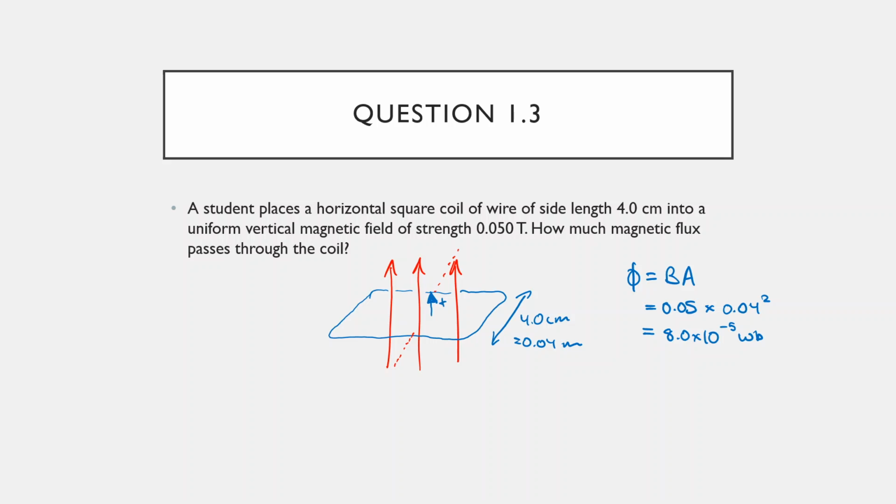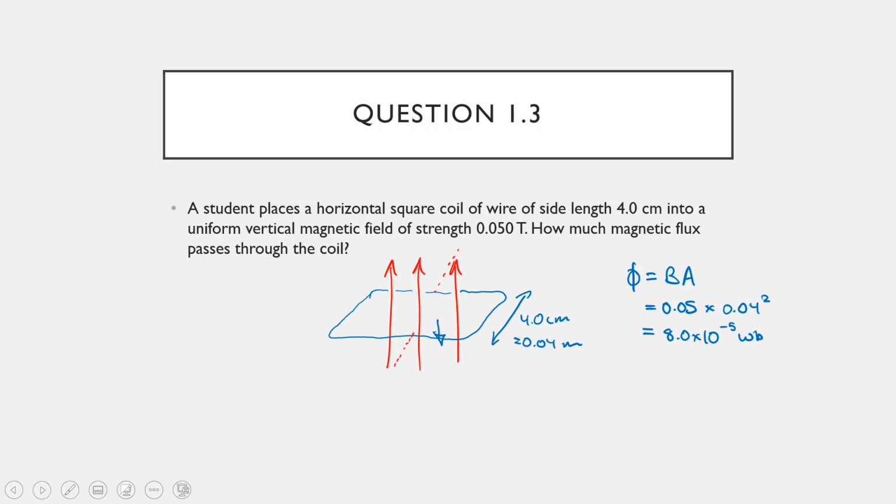If you were to then rotate the coil 180 degrees, this arrow would then be upside down, and it'd be going out the bottom of the coil. So the field lines are opposing the direction here, and so we would say that the flux can be considered to have a negative value.